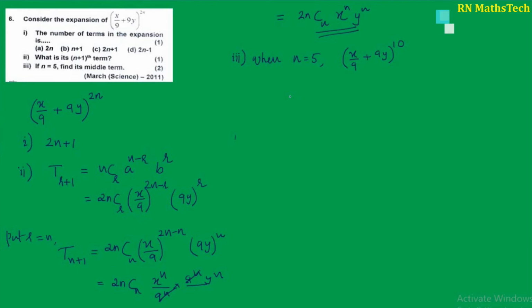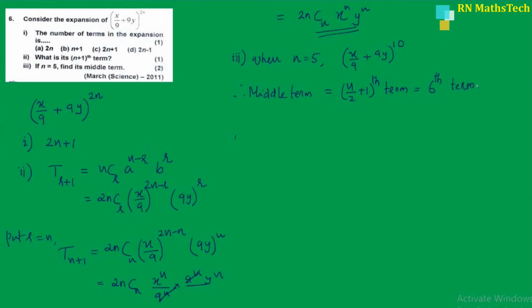The power is an even number, therefore the middle term is the (n/2 + 1)th term. That is 10/2 = 5, plus 1, the sixth term.